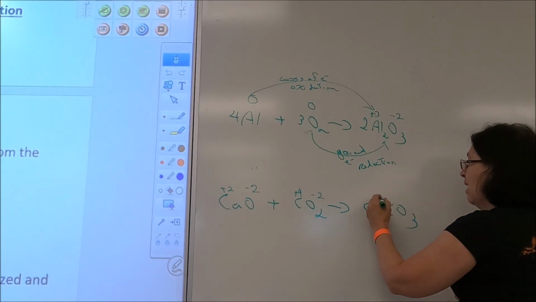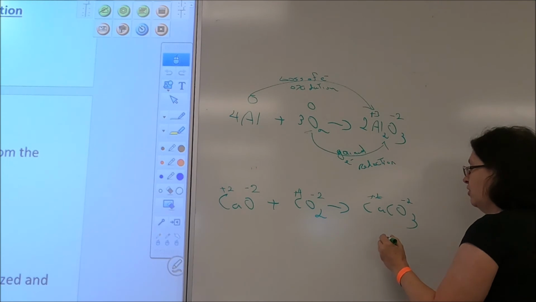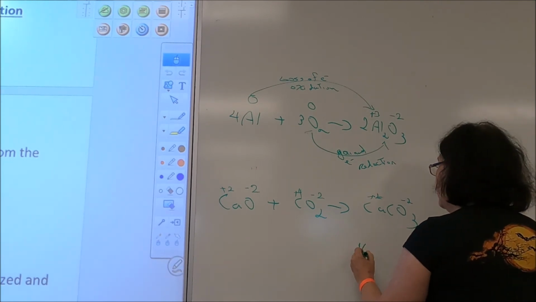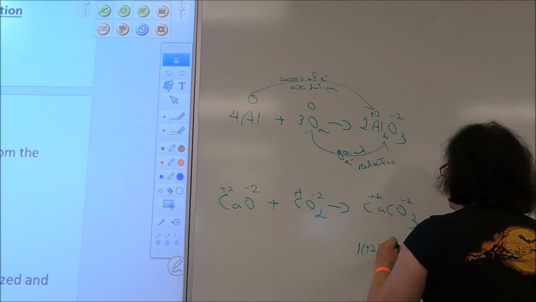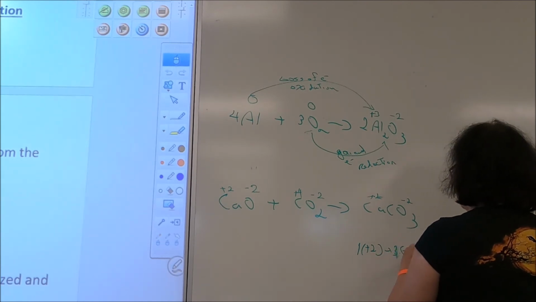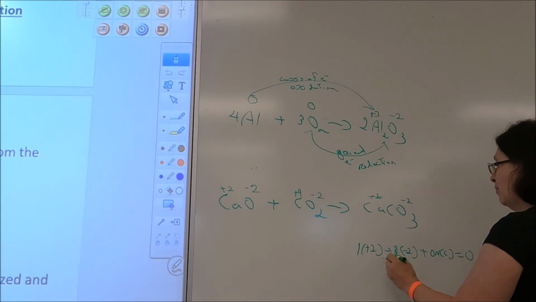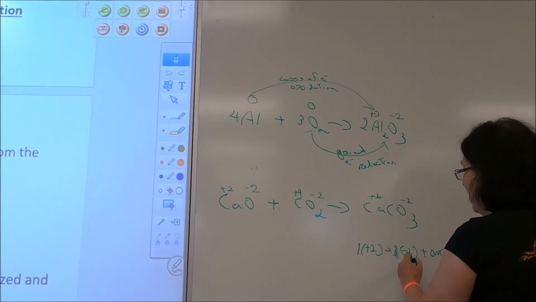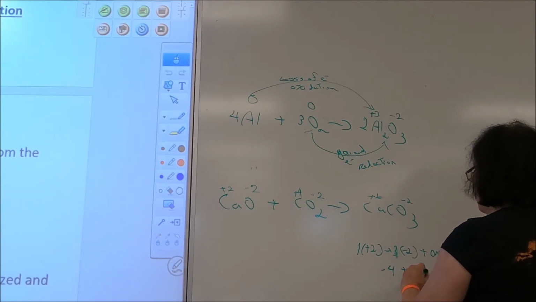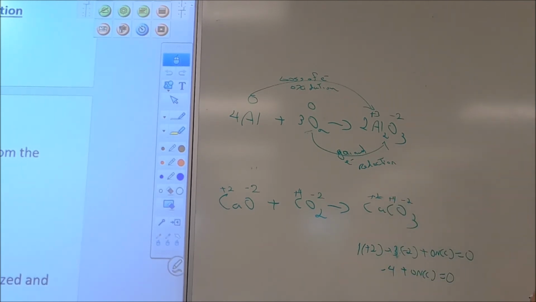Now, over here I have calcium, which is +2, oxygen, which is -2. So I have 1 times a +2 plus 3 times a -2 plus the oxidation number for carbon having to add up to be 0. So that's -6 plus 2, so I've got -4 plus the oxidation number of carbon being 0. Carbon here is +4.